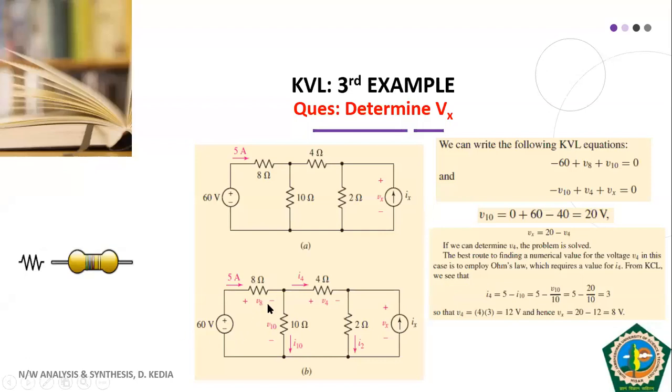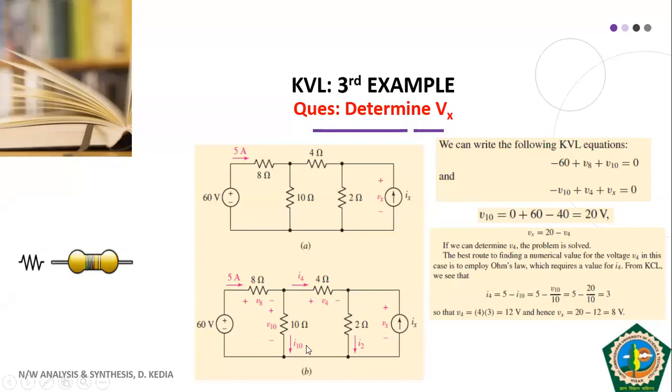Okay. So you see here, we were talking about this equation, that is V10 equal to 0 plus 60 minus 40. What is the value of V8? V equal to IR. The current through 8 ohm is 5 ampere, so V8 is 40 volt.